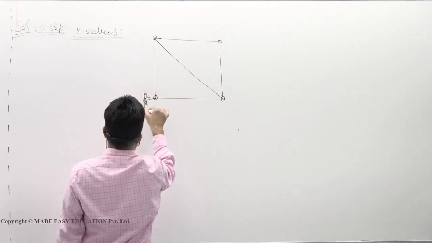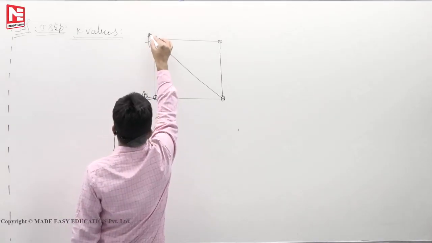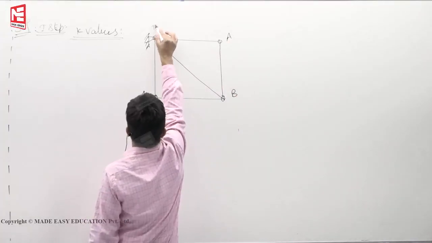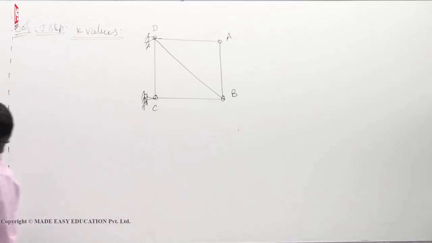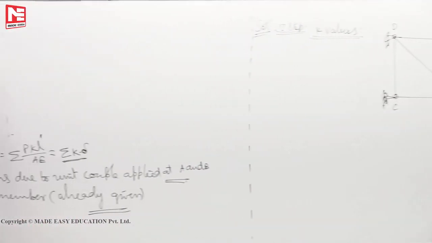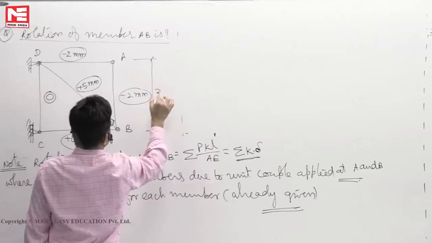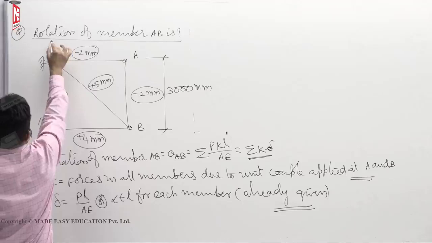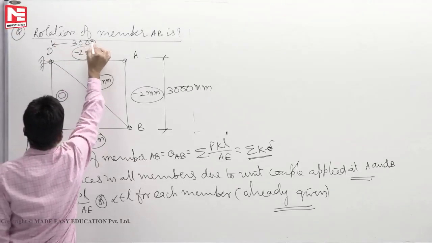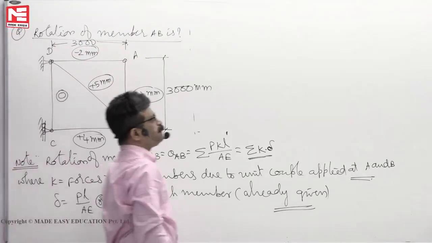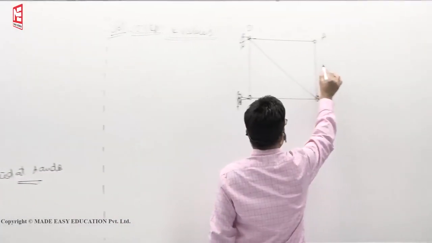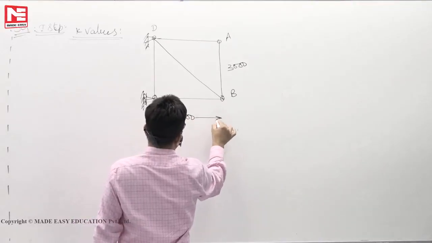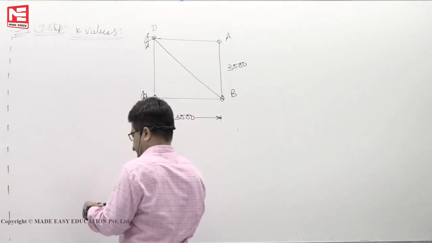This is a roller support. This is a hinge support. This point A, B, C and D. These lengths are also given. In this problem, from here to here, this length is 3000 mm. This horizontal distance is also 3000 mm. Okay. Now 3000 means this length is 3000 here. This is also 3000. That means 3 meters length.